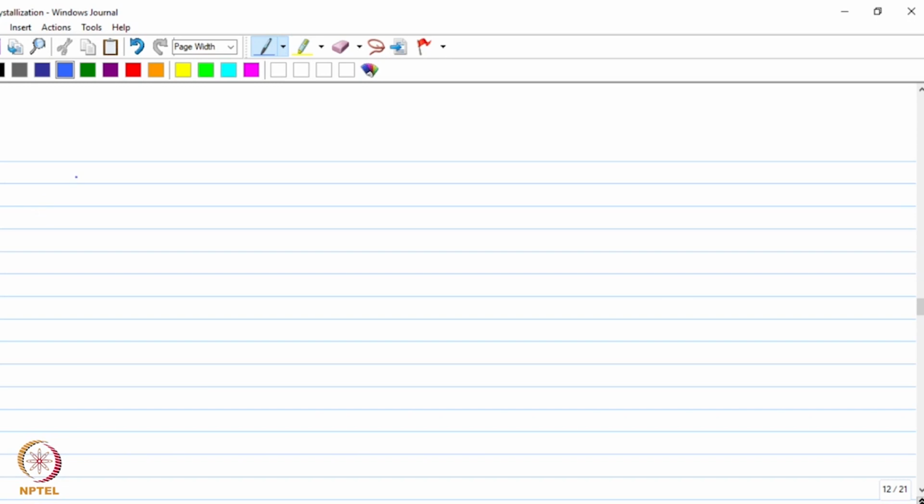Now, this migration can also level out the small serrations, and therefore the grain boundary bulge will first develop along the non-sliding boundaries.